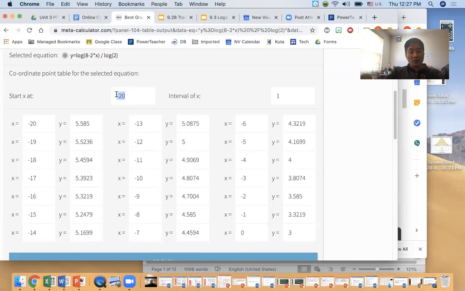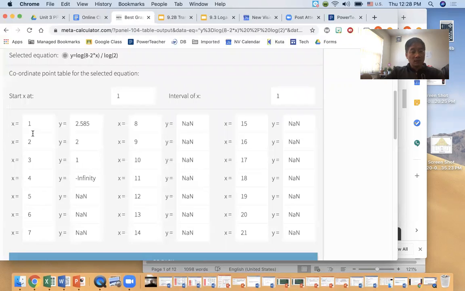And I want more. So let's go from 1. Then x equal to 2, y equal to 2. X is 3, y is 1. And then when x is 4, it is a vertical asymptote.